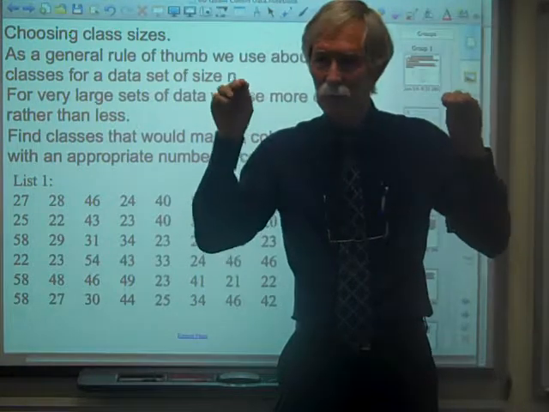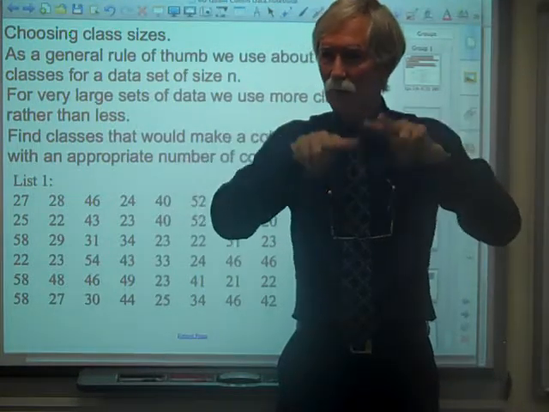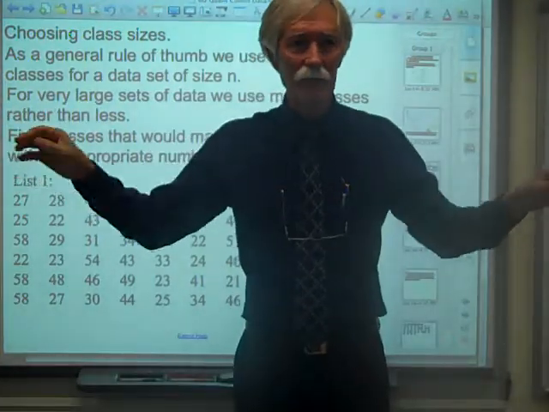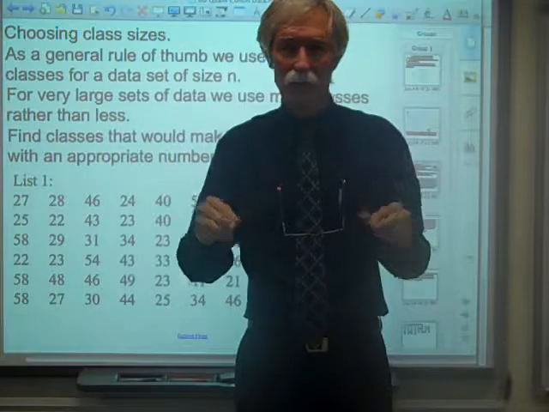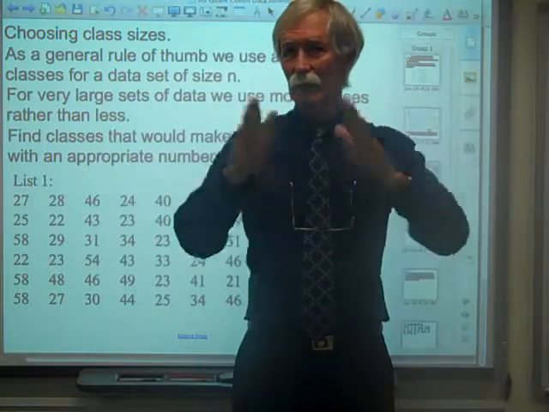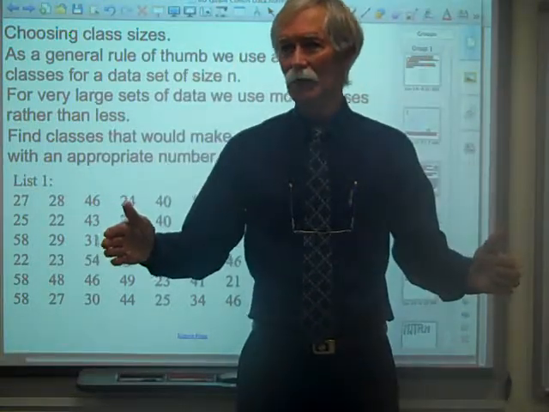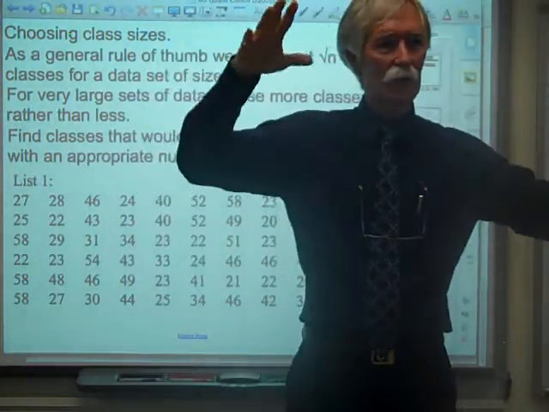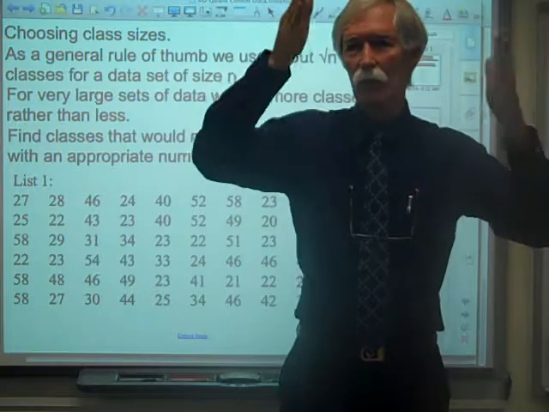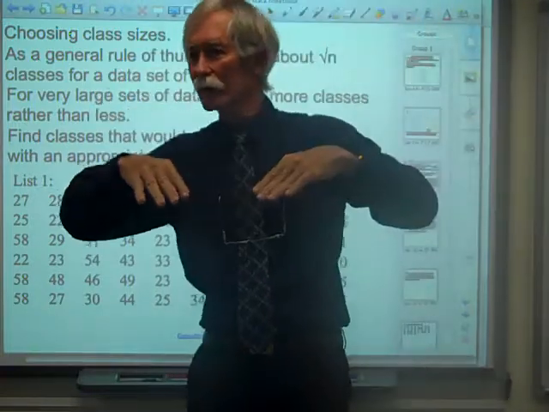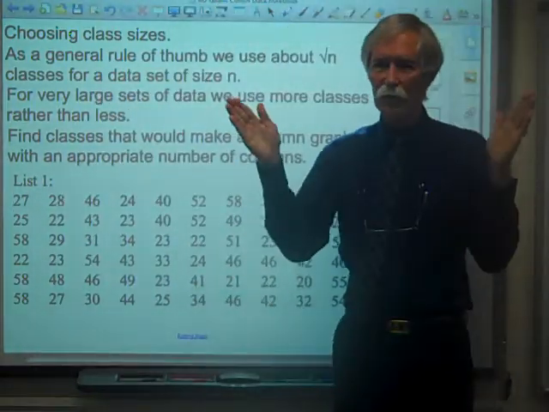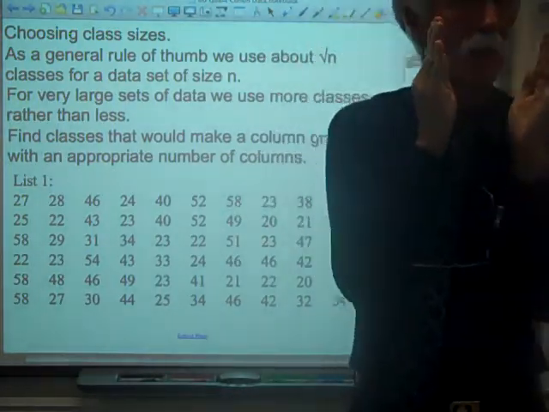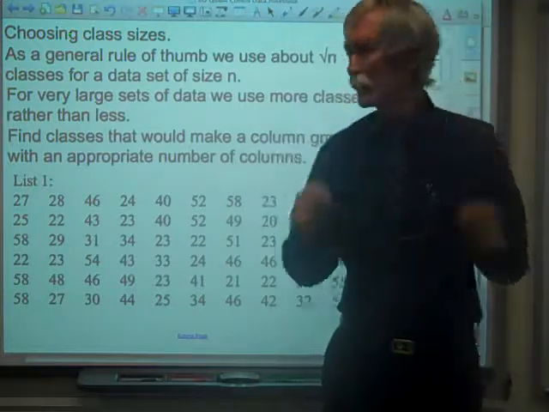But if you have 1,000 pieces of data, then they might spread nicely between 10 bars. So the more numbers you have, the more bars you can use to differentiate your column graph. If you've only got a small number of data points, then you would want just a small number of bars to show it.